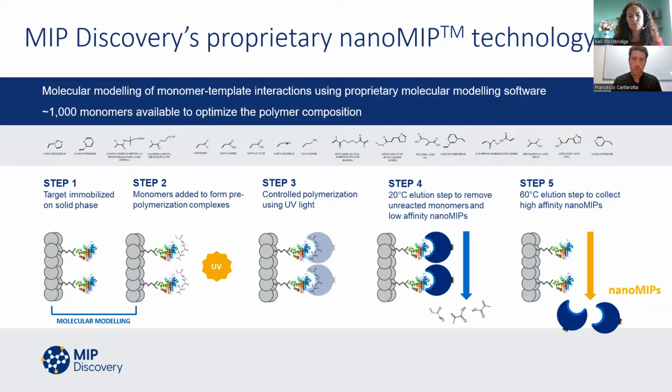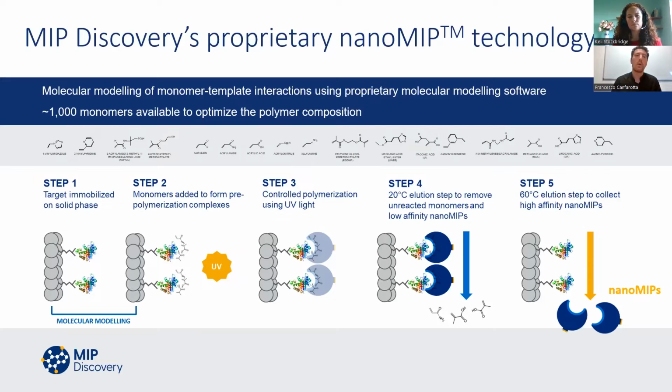If we now focus on how nanoMIPs are produced, let's have a look at steps 1 to 5. The template molecule, which in this case is depicted as a protein, is first immobilized onto a solid support, very often a glass bead. Why? The reason for immobilizing the template is twofold.